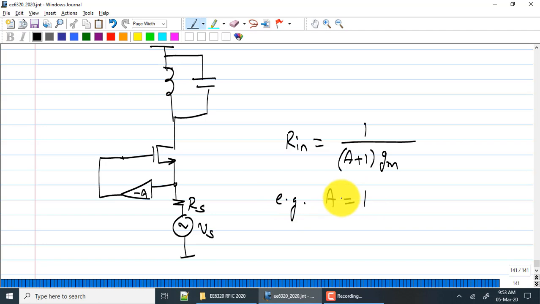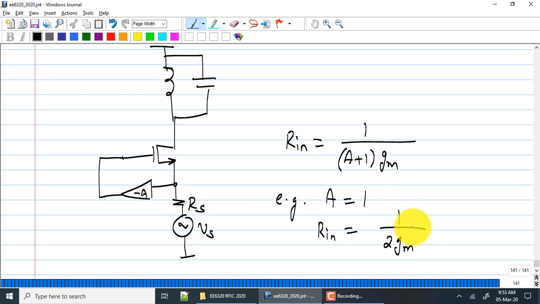So for example, if in your original common gate amplifier you needed Gm to be 20 millisiemens for 50 ohms, now you only need 10 millisiemens, right? So potentially you could use smaller transistors and lower current, if you could do this.